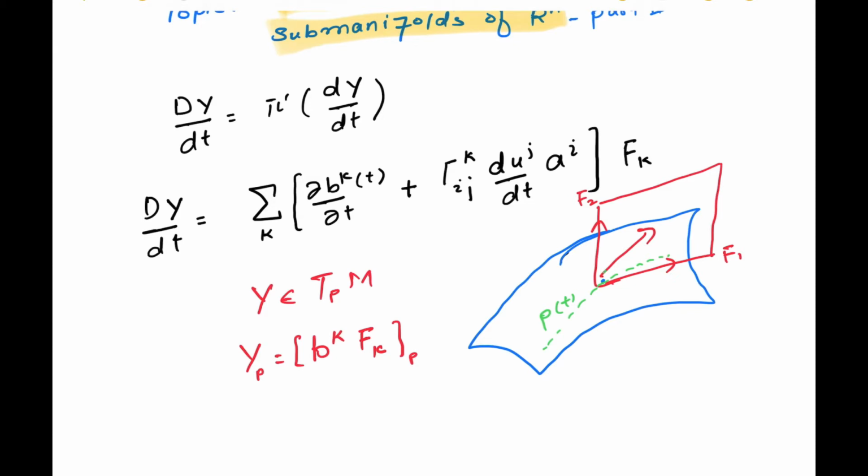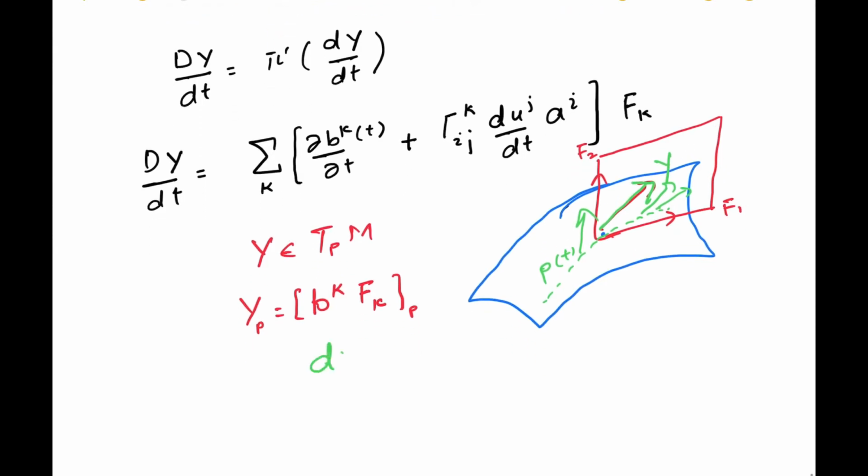If this is some vector field y, then at each point of this curve this vector field is defined in the tangent plane, and we take the rate of change of this vector field, dy by dt, along this curve.